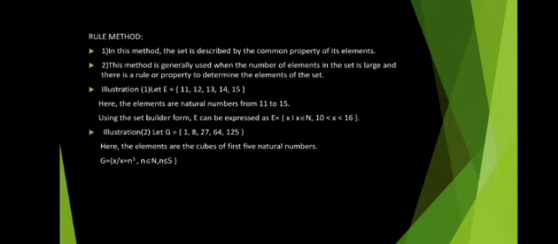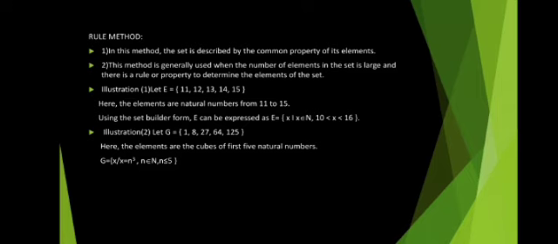Getting all? Next is set G = {1, 8, 27, 64, 125}. Can you guess which kind of numbers they are? They are perfect cubes. First is cube of 1, second cube of 2, third cube of 3, fourth cube of 4 and fifth cube of 5.